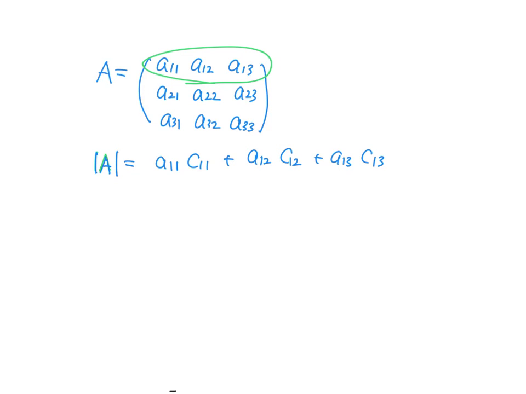C11 is minus 1 to the 1 plus 1 M11, where the minor is the determinant of the matrix obtained by deleting the first row and first column, right? So M11 will be, you delete this first row, first column, so this is M11.